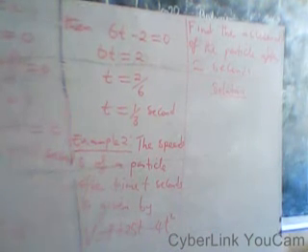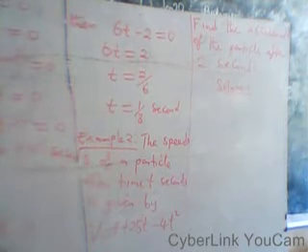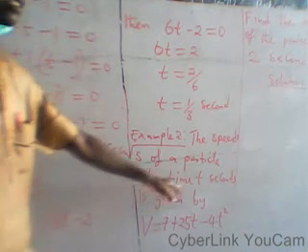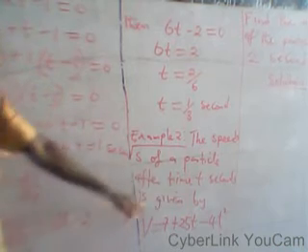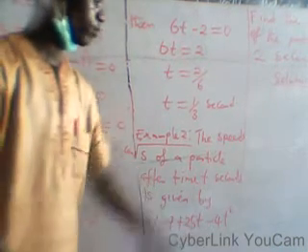Solution. In this occasion, we are told that the speed of a particle after time t seconds is given by v is equal to 7 plus 25t minus 4t squared. Then we have to find the acceleration.